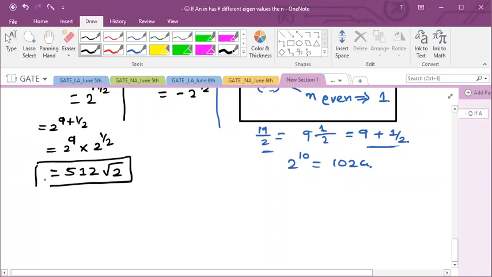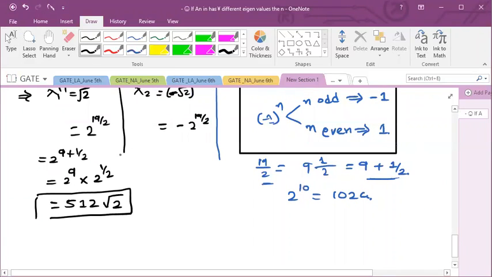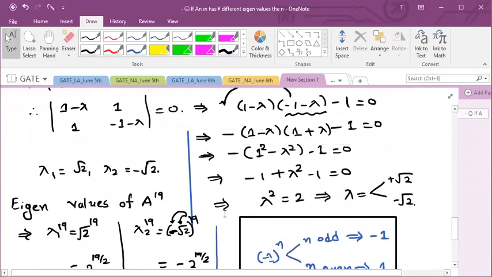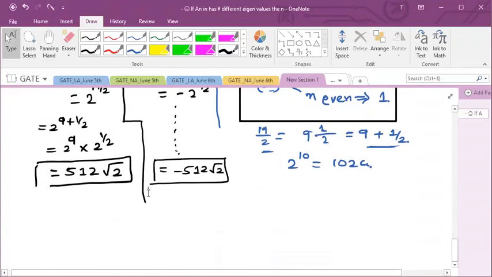In the same way, here we'll get the same value but with a minus. Now we are going to do smart work because we have already found one, so the other will be minus 512 into root 2. Is it clear? Based on these properties we can find all these things.